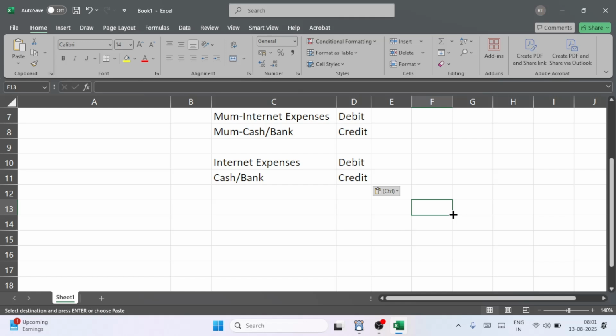Now, anything related to Bangalore, you are going to enter those journal entries in the Bangalore ledger. But the question is, when you maintain a single book for both the branches, then to differentiate the data branch-wise, you are going to enter the journal entries like this.